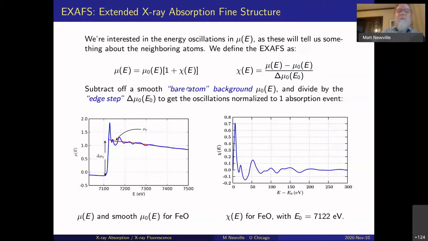So we have a bare atom absorption, or a mu0, which would be the theoretical or idealized absorption of an atom without any neighboring atoms. And then we'll divide by the edge step, just so that we have some unit of normalization. So here are those oscillations isolated from a smooth background. We'll go into much more detail about how we do this process later on.